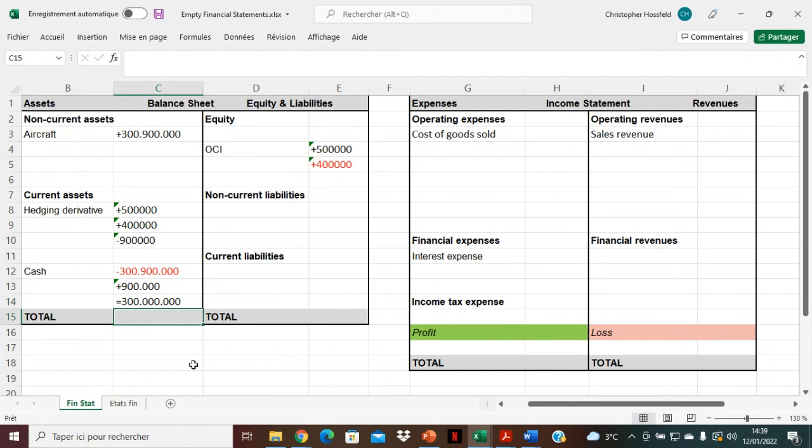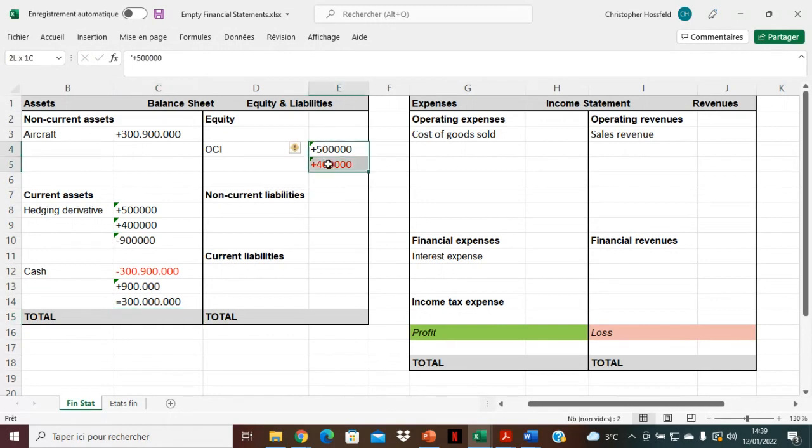That means I secured the exchange rate at the date I signed the contract, because at that date it was €1 equals $1, and therefore $300 million equals 300 million euros. So because of the hedge, my net cash outflow is 300 million, the amount that I wanted. Okay, so far so good.